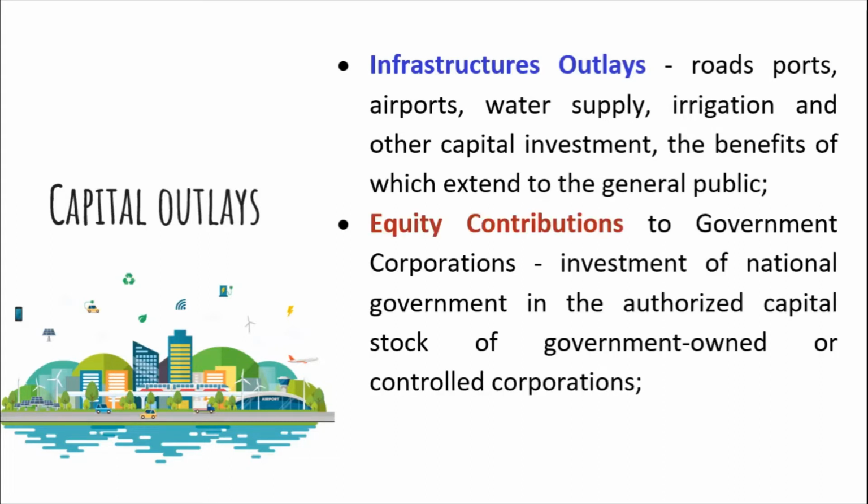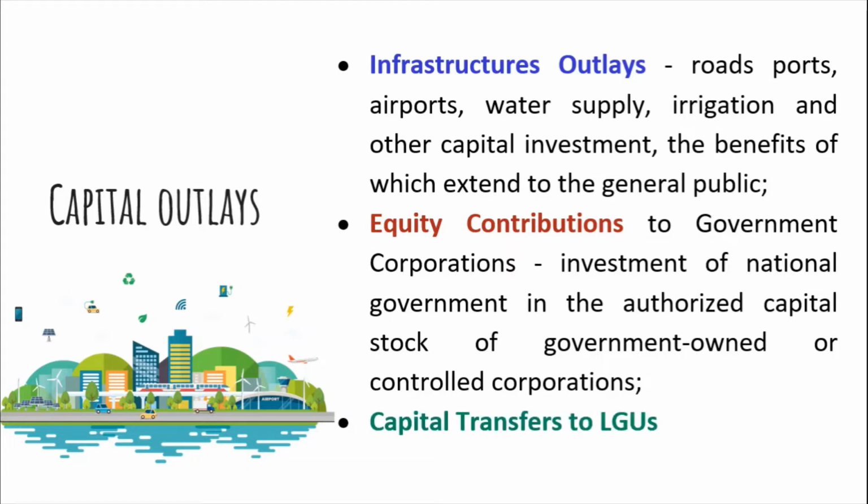So next one is the equity contribution to government corporations. This refers to the investment of national government in the authorized capital stock of government-owned or controlled corporations. So the purpose of this is to secure the ownership of these GOCCs.